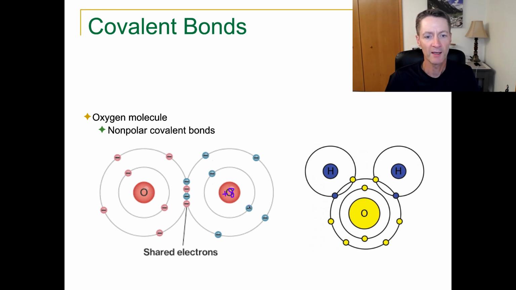And we find 8 electrons, 2 real close, 1, 2, 3, 4, 5, 6. It needs 2 more electrons to make that oxygen atom happy. And we have the similar situation over here. We have 8 protons, that's its atomic number, and we have 1, 2, 3, 4, 5, 6, 7, 8 electrons. 2 more electrons would make that atom happy.